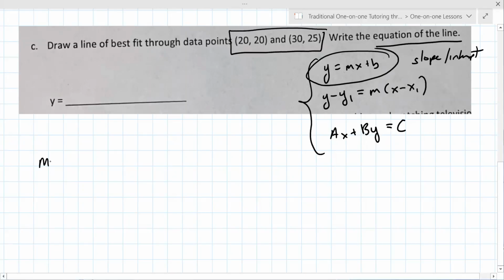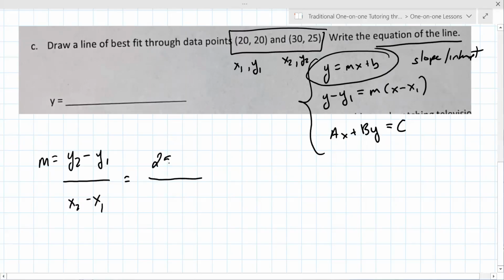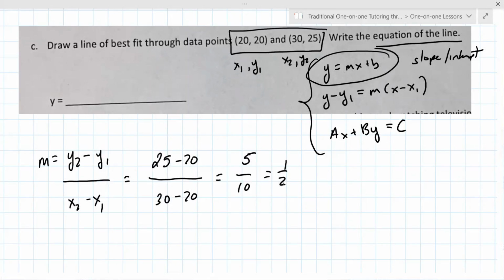The slope is y2 minus y1 over x2 minus x1, and in terms of our data points, that's x1, y1, x2, y2. So we have 25 minus 20 over 30 minus 20, which is 5 over 10, or 1/2. They equal the same thing, 5 over 10 and 1/2, right? Yes.